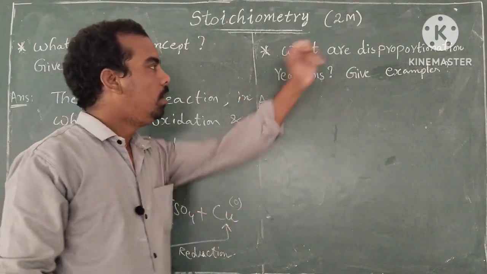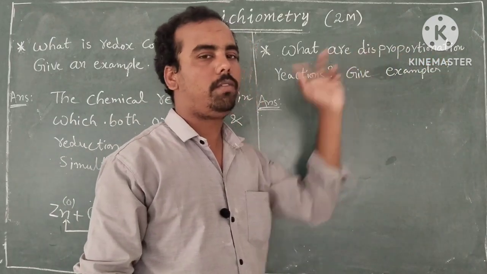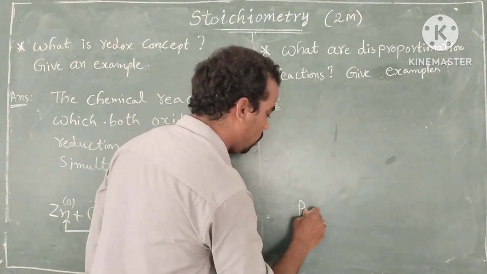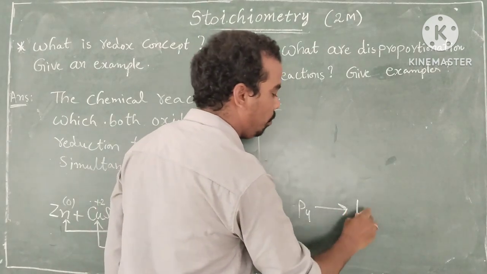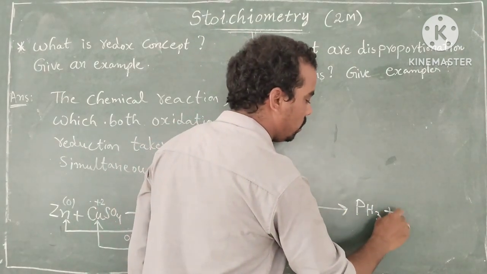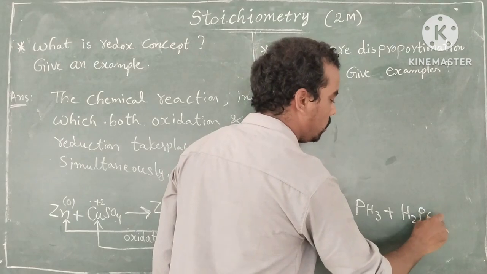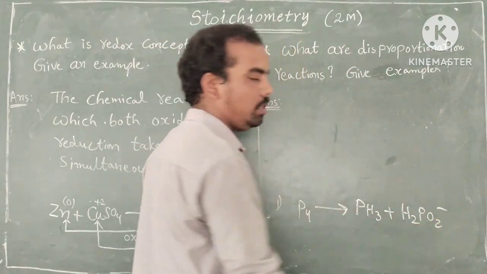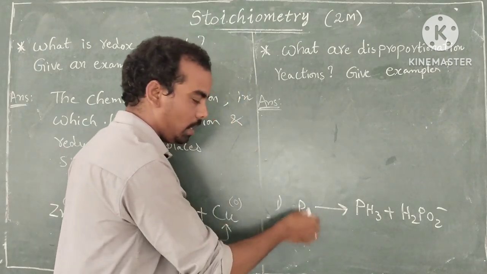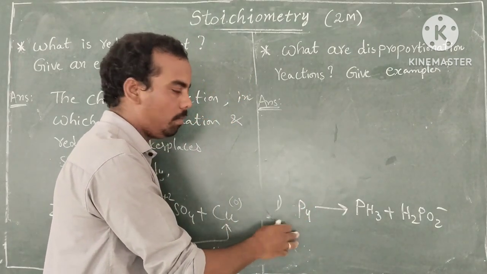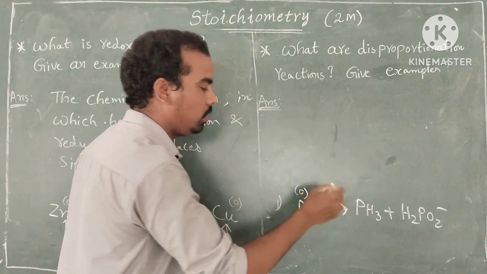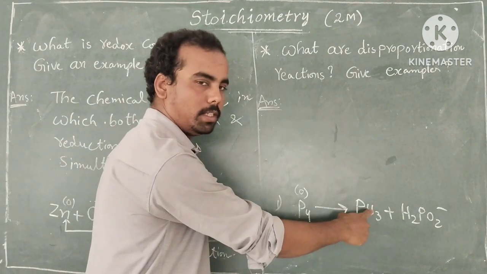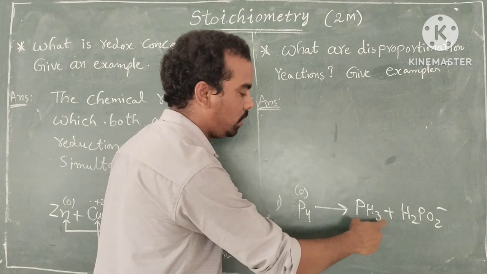Next one, what are disproportionation reactions? Give an example. Very easy. For example, P4 gives rise to PH3 plus H2PO2 minus. Here phosphorus in elementary form has oxidation state 0. In PH3, phosphorus is X, each hydrogen plus 1, so X plus 3 equals 0, X equals minus 3.